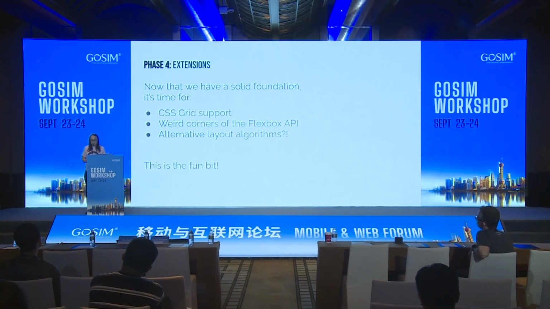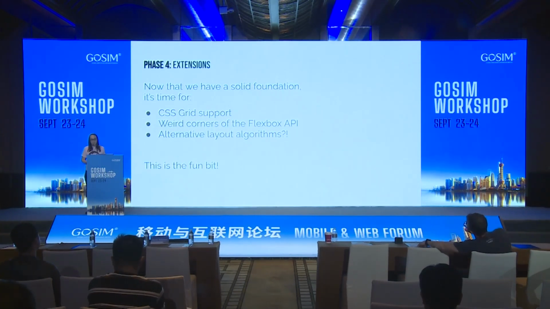So let's go add CSS Grid. Adding a whole new layouting algorithm to a library that was only designed to implement one has been really cool, and it's been really, really neat to see how we can expose that to GUI libraries and game engines and all of that in a way that makes life better for their users. And so that's a lot of fun.